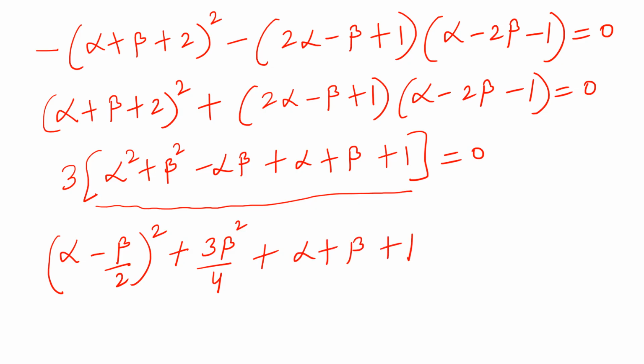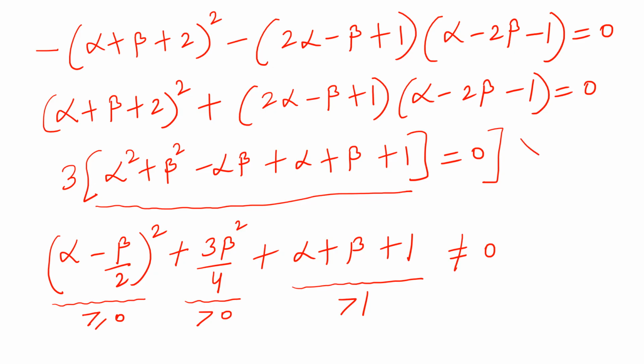Now students, since alpha and beta are distinct positive real numbers, this particular expression, since it is the square of a real number, is always greater than or equal to 0. This quantity will be certainly greater than 0, and the quantity alpha plus beta plus 1 will certainly be greater than 1. So the sum of all of these terms cannot be equal to 0. So hence this particular possibility is ruled out.